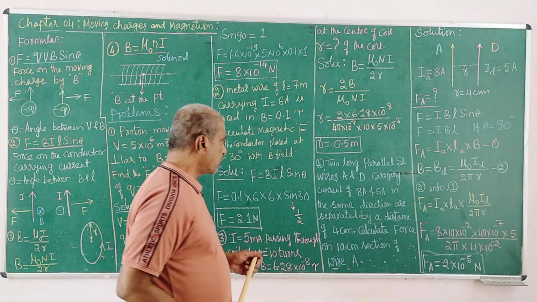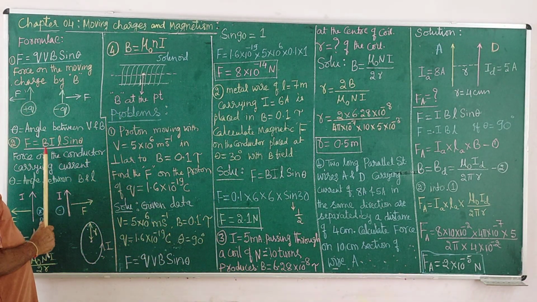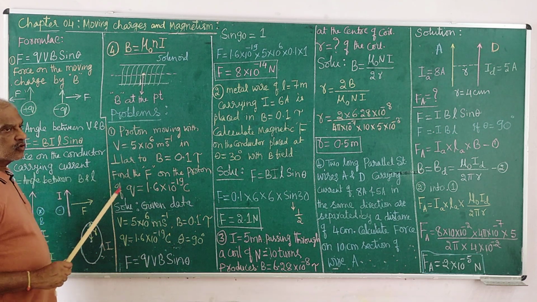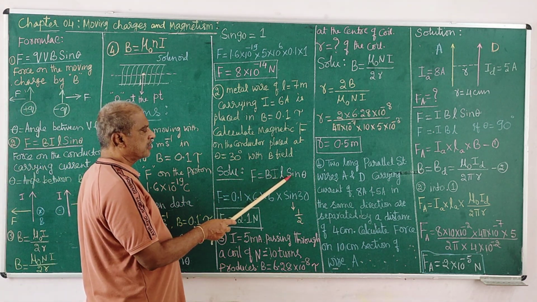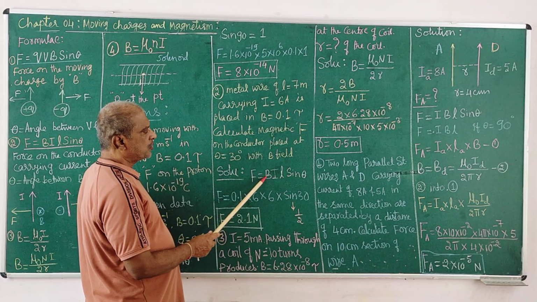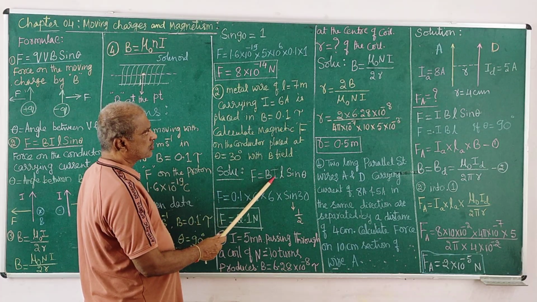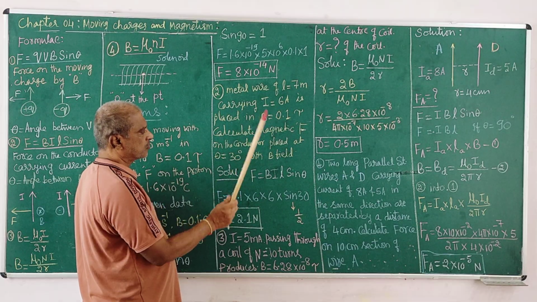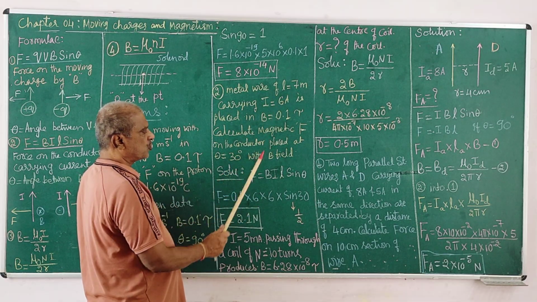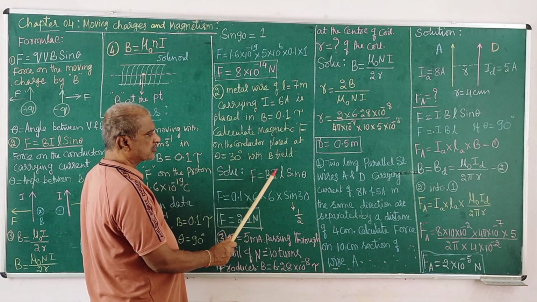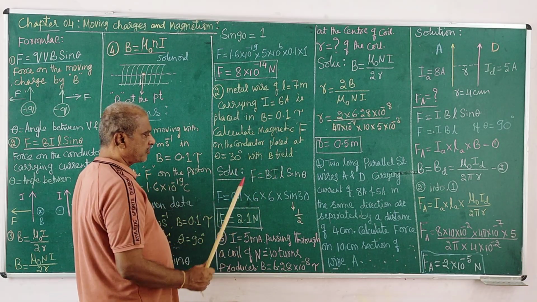The equation for the force on the conductor is F equals BIL sin theta. B value is 0.1 Tesla and I value is given as 6 amperes. L is the length of the conductor, because force is also a function of the length of the conductor: 7 meters in SI.